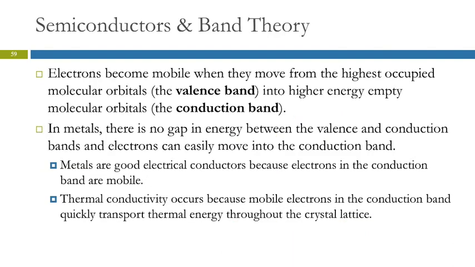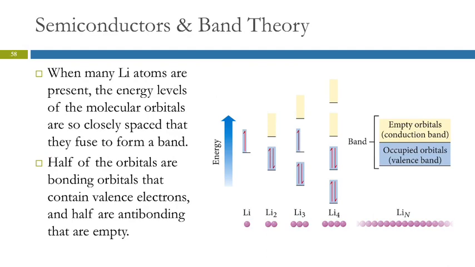So electrons become mobile when they move from the valence band into the conduction band. Here in the valence band, this is full of electrons. It's like a crowded, congested highway. Traffic is just stop and go, nothing's really moving here. The conduction band is like the carpool lane, but that doesn't even work very well anymore.